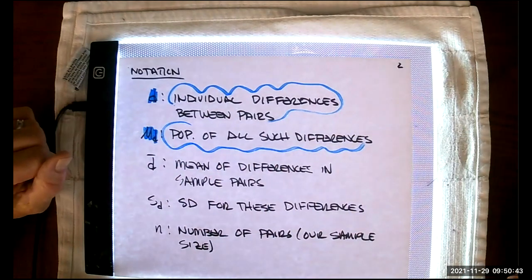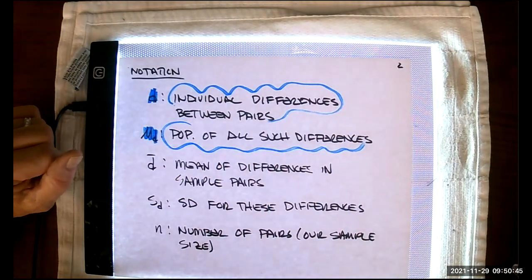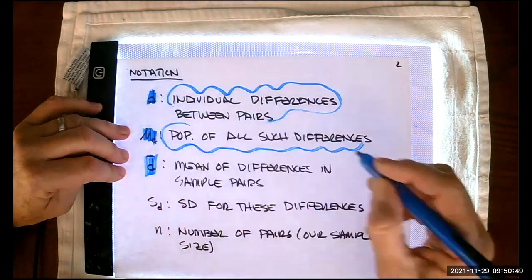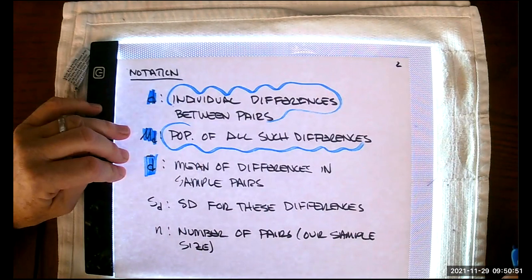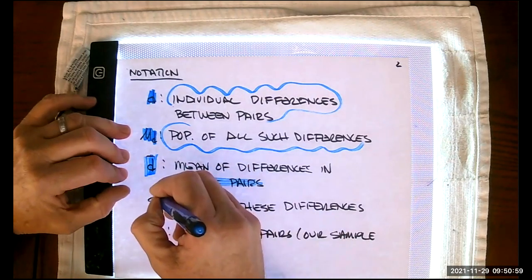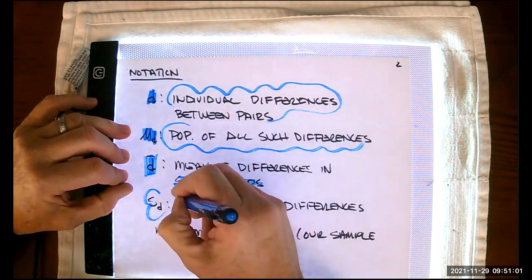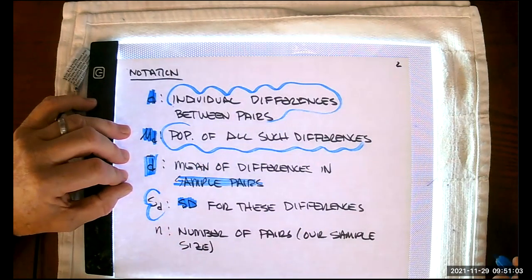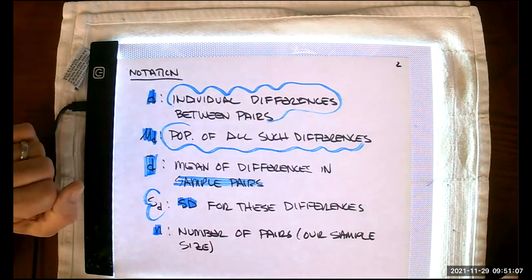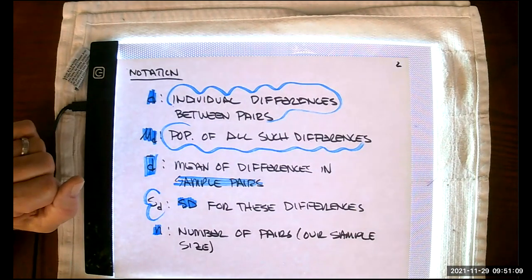That's really the target population we are interested in. We have d bar, the sample mean of the differences between the sample pairs, emphasis on pairs. S sub d is my standard deviation for those pairs. And n is the total number of pairs that we work with.